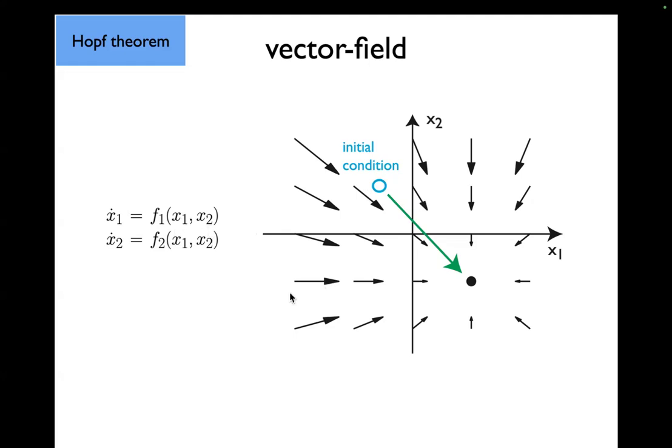So I can just plot a little vector where the x1 component is x1 dot and the x2 component is the x2 dot. Get these black vectors, and they are all tangent to solutions. So you can almost see the solutions by just following the vector. So for instance, this initial condition, you would be just converging to this fixed point.